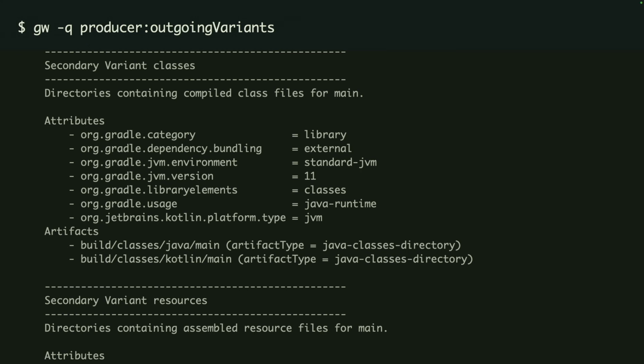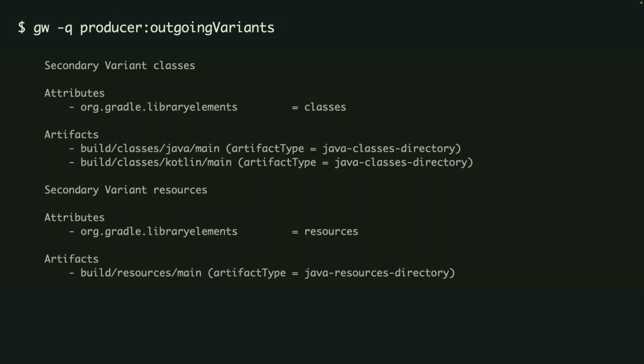AGP has become a lot better over the years, and the way it's done that is, with the collaboration with Gradle, it bypasses that and says, no, when you consume for compilation, just pass over the classes directory rather than a jar. Squashing that down, this is what you really care about. You want to know all the variants possible and the attributes that identify them. There were like 6 or 7 for every variant.